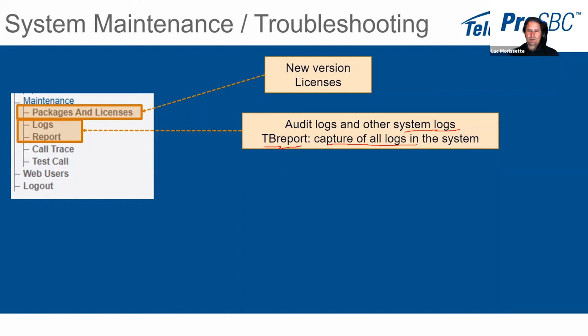Okay. Sometimes we will also ask you to change the application trace level so we get more details on some of these applications. All right. So for example, if it's a routing problem, we can ask to put the gateway application at trace level 1, and then you do a TB report, and when you do the TB report, it will capture this application at trace level 1 with the details we need to debug the system.